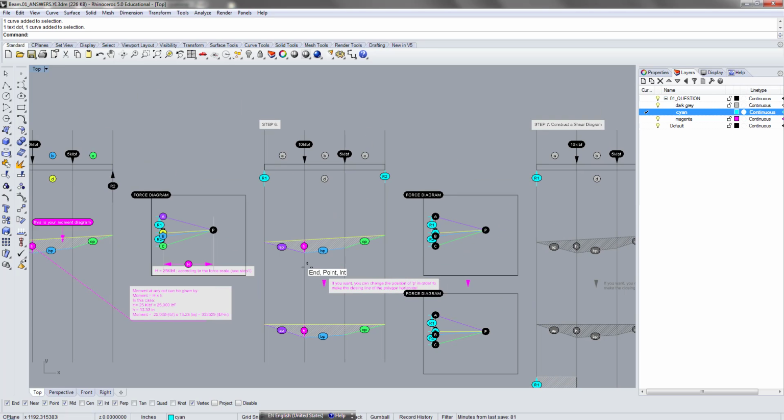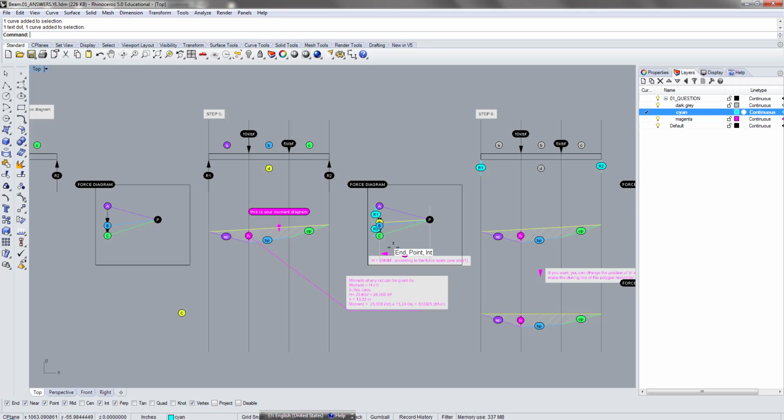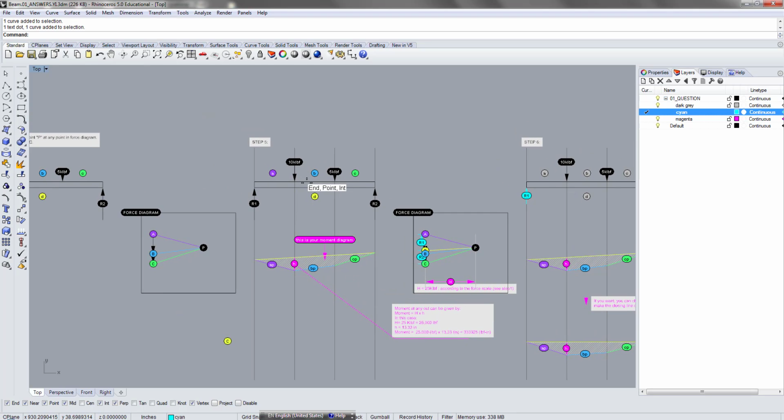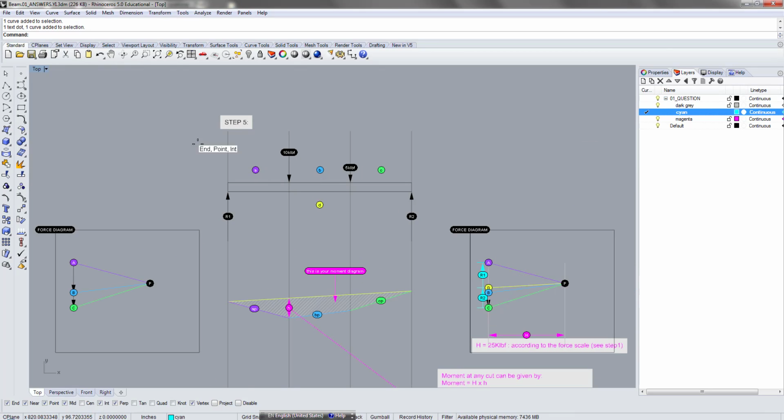If you read any regular structures textbook, you are going to be required to calculate this bending moment by doing a lot of multiplications. You take the point, measure the distance between that point and this force, and multiply.